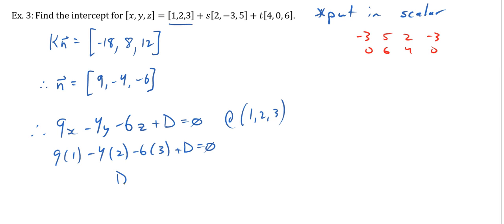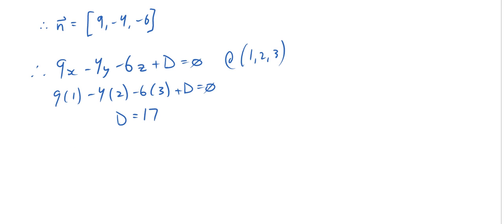And that works out to d equals 17. Therefore, the scalar equation is 9x minus 4y minus 6z plus 17 equals 0.